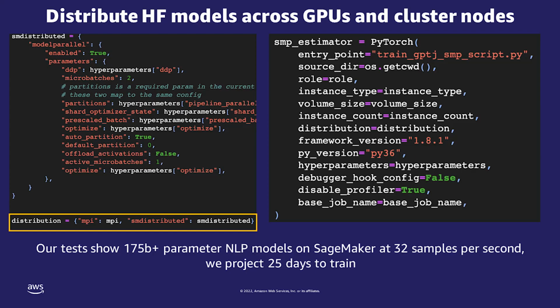If I have two, that's 16 GPUs. What I would do is set partitions to 16. And then what's happening is SageMaker Model Parallel is going to profile, again, the algorithm that you bring, in this case GPT-J. We're going to break it up into multiple parts and place those parts literally on the different devices. So that is Model Parallel.